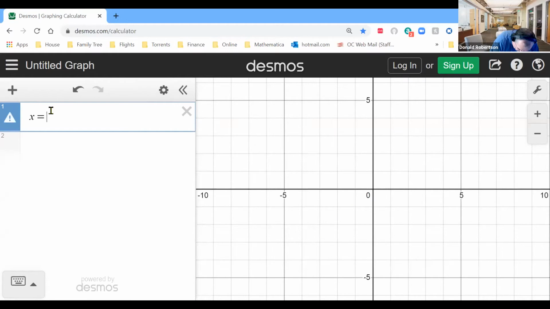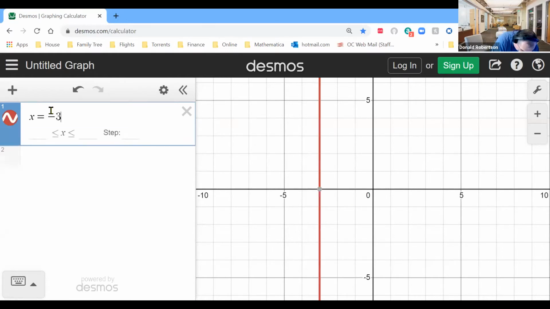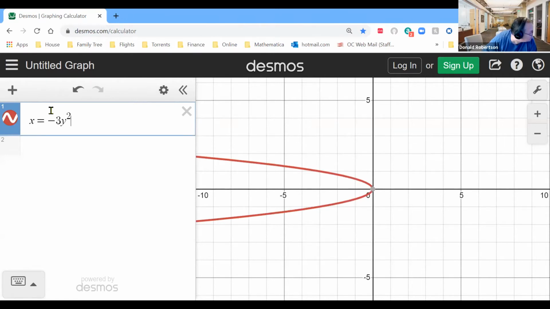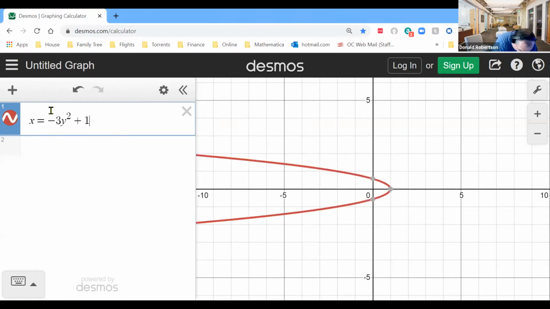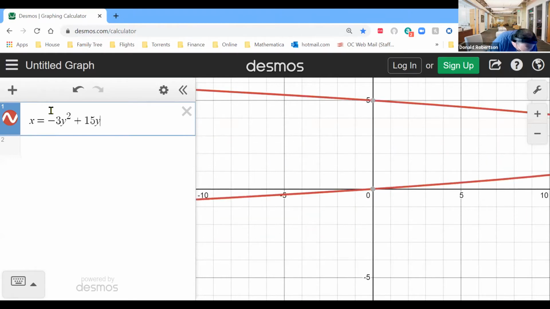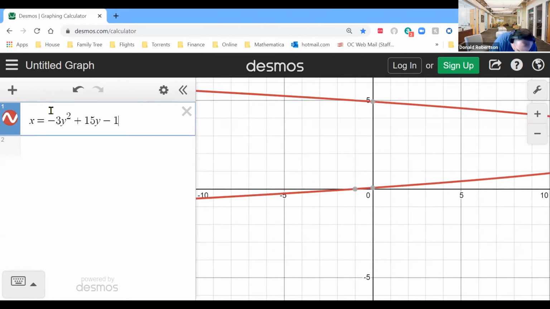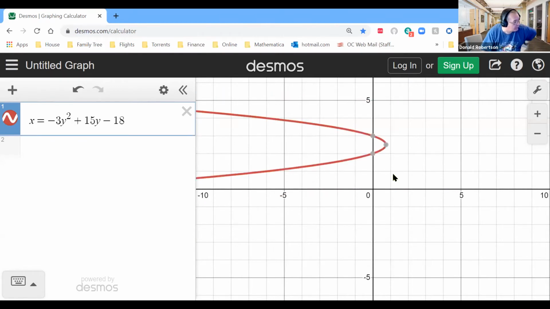x equals negative 3y squared plus 15y take away 18. Now, the guy that they're wanting has an x equals 0, which is basically the x-axis, right?